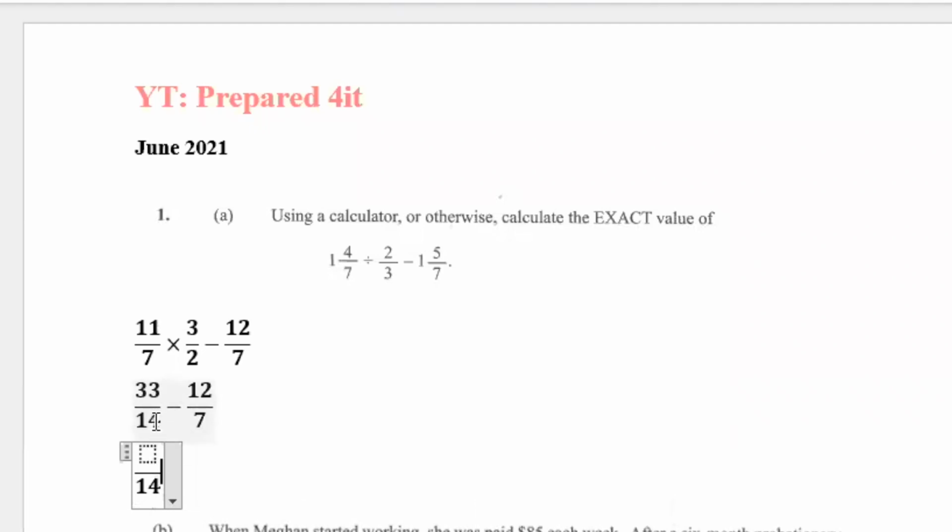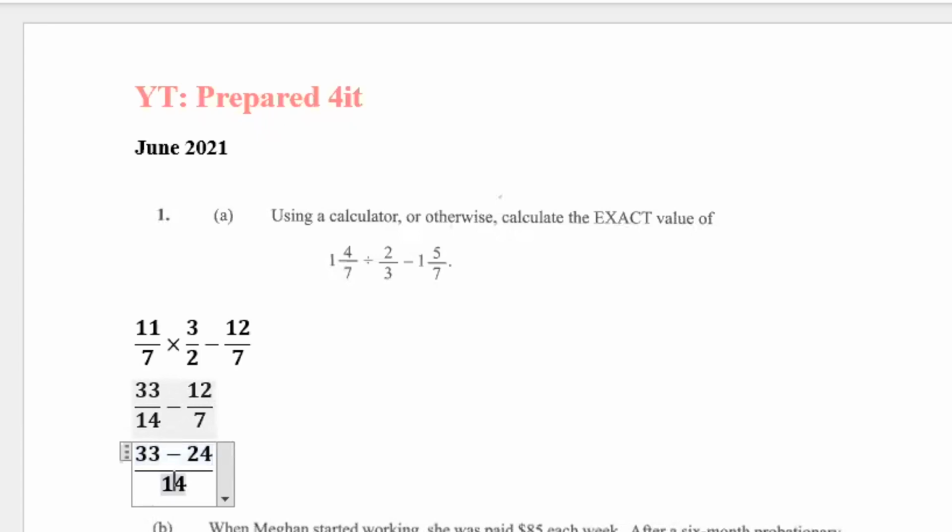Then we'll go ahead and say 14 into 14 goes 1 time, 1 times 33, that will give us 33, minus 7 into 14, that goes 2 times, and 2 times 12, that will give us 24. So now this is basically saying our two fractions are 33/14 minus 24/14.